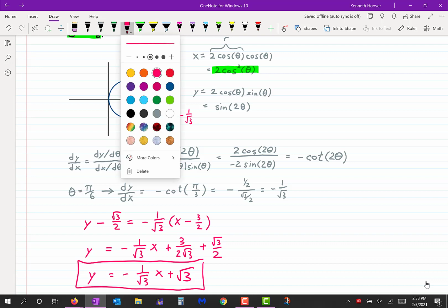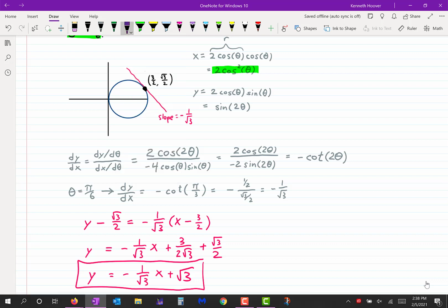Can you find the normal line? The normal line is perpendicular to the tangent line. So the only thing you have to do is take the slope and insert its negative reciprocal. So that'll give us y minus root 3 over 2 equals square root of 3 times x minus 3 halves. Let's simplify that.